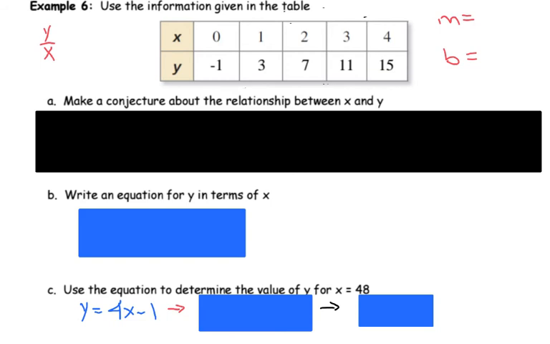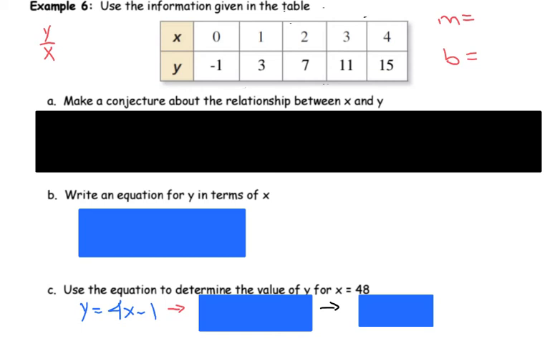All right, next example. Use the information given in the table. In order to make a conjecture about the relationship between x and y, we need to understand what's happening here. Usually, when we look for a relationship between x and y, what we're looking for is a slope. What's the relationship between the two?